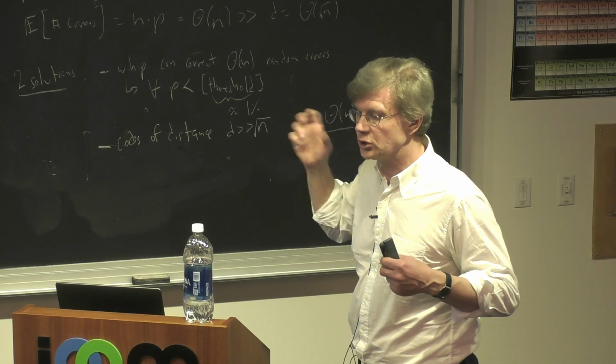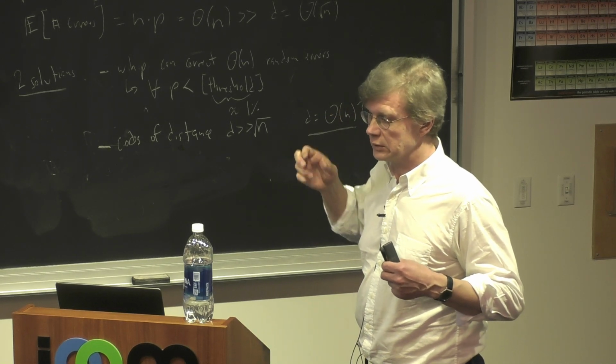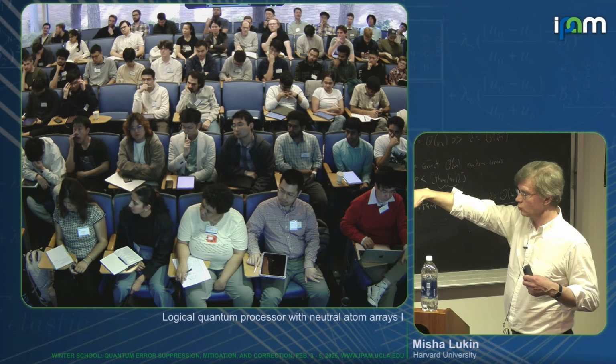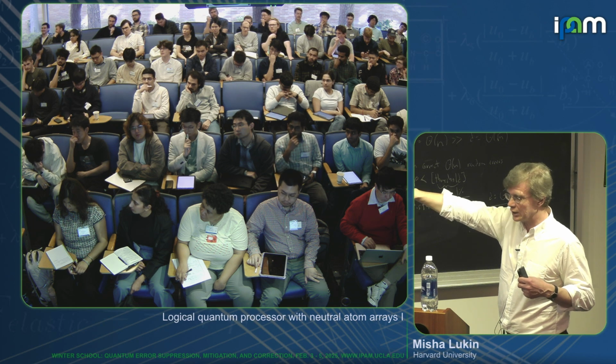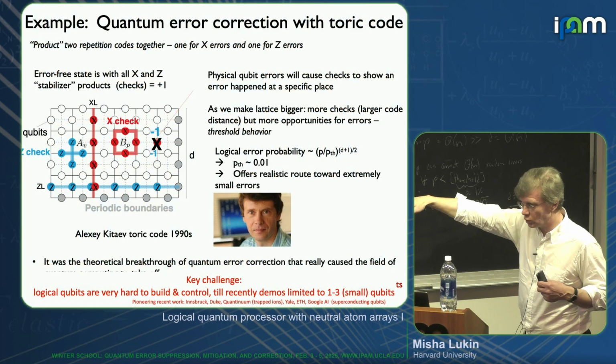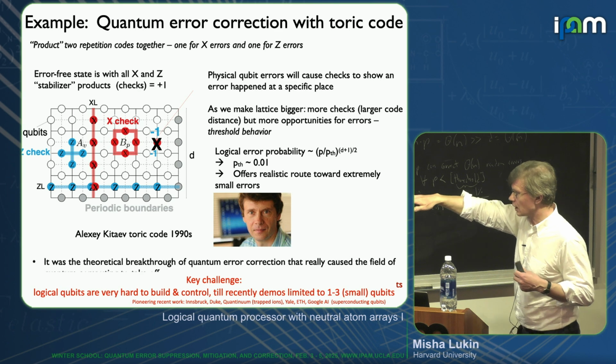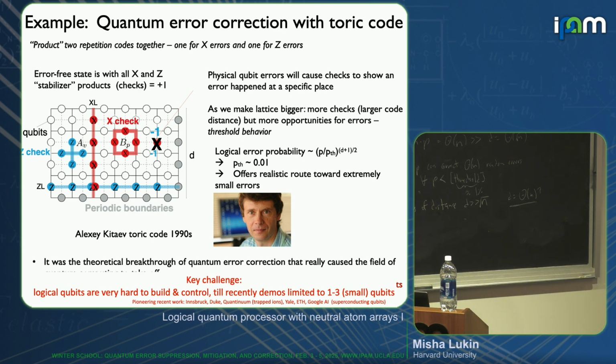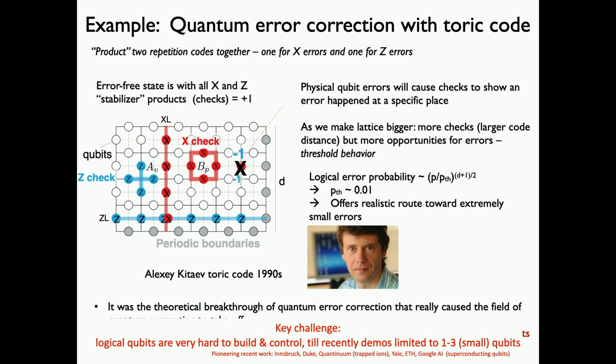They exist in your imagination. What you do here is use a delocalized entity to encode your information. Then you operate: if you want to flip the qubit, you apply these X operators, and if you want to flip phase, you apply the Z operators.